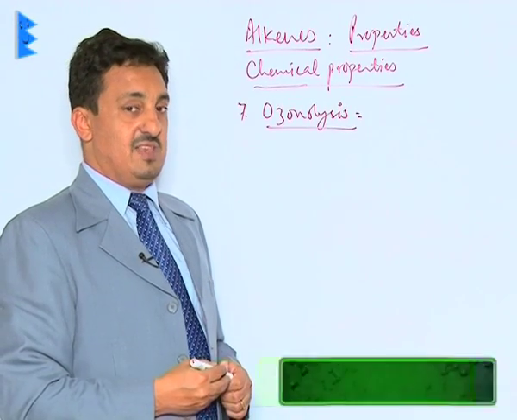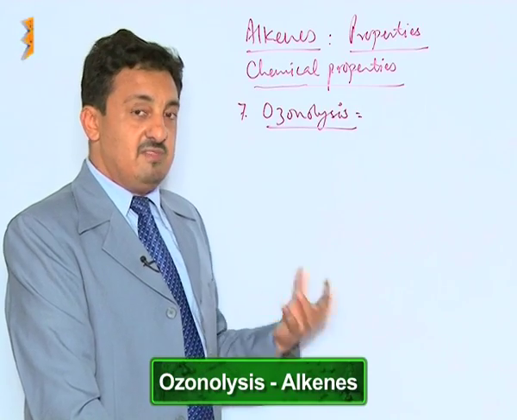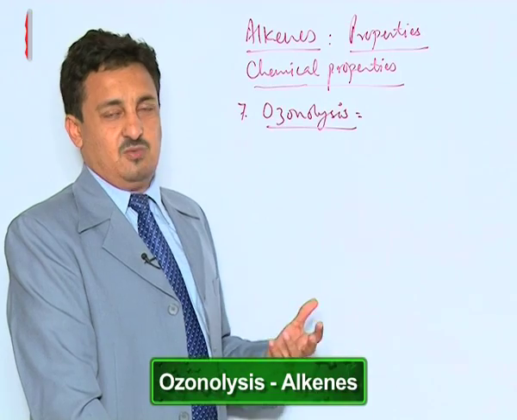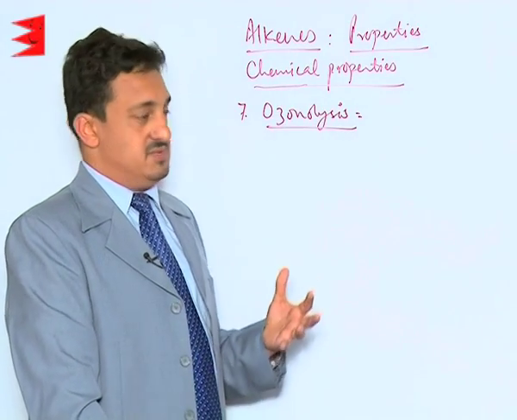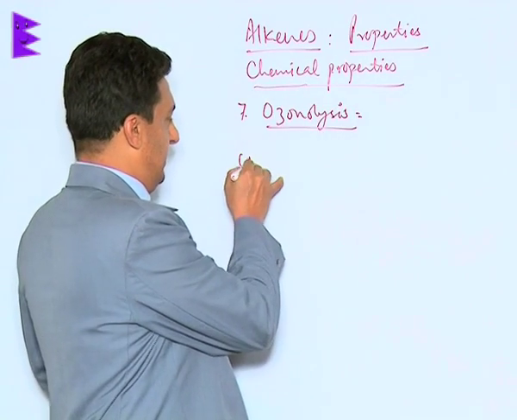The next reaction of alkenes is again very important, which is called ozonolysis. There is a reaction of alkene with ozone which results in the formation of ozonide, which on reaction with zinc water, reductive hydrolysis, gives us mainly the aldehydes and the ketones. Let me explain it to you with an example.